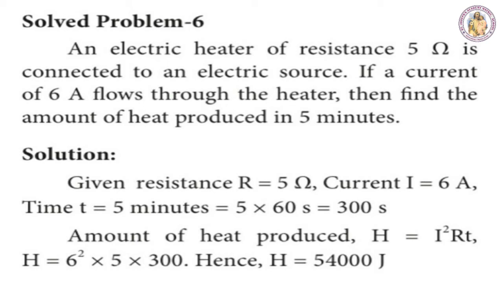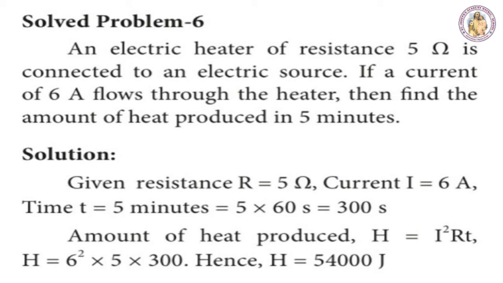Always resistance is measured in the unit ohm. This is connected to an electric source. If a current of 6 ampere flows through the heater, so now the current is 6 ampere.